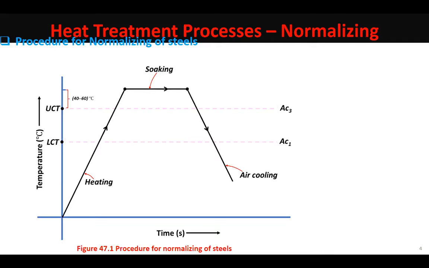Point number two, if you want your steel to be free from all types of internal stresses, residual stresses, locked in stresses, then also normalizing cannot substitute for full annealing. Again, you'll have to use full annealing. In all other cases you can use normalizing instead of full annealing.